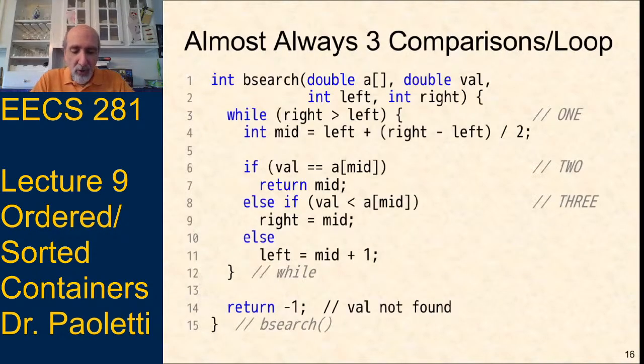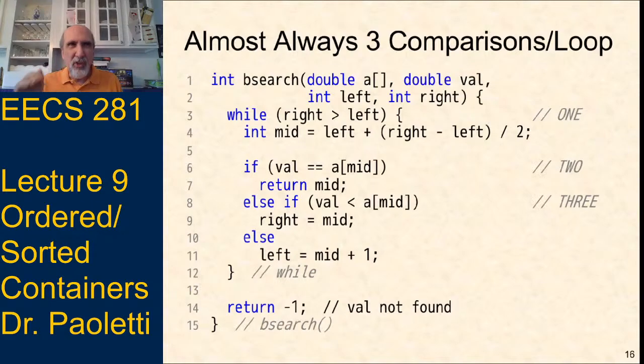Okay, so here's the original version, and it's almost always 3 comparisons per loop. One comparison is done on the indices.